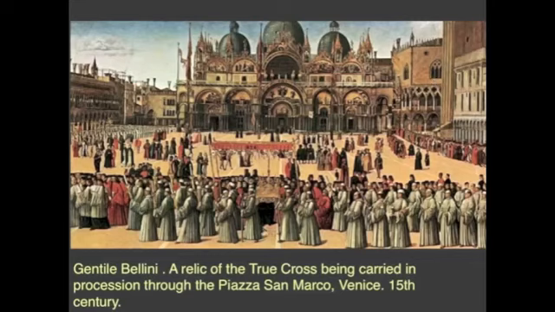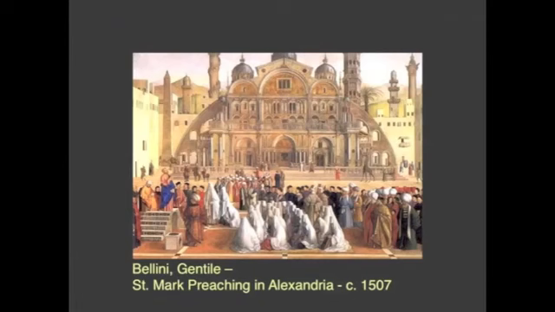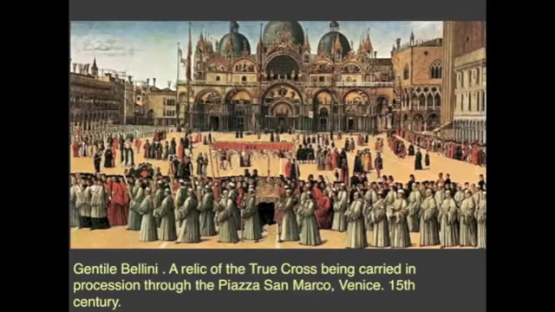Here's another painting by Bellini of this cycle of St. Mark paintings, and this is St. Mark preaching in Alexandria. If you compare Alexandria to Venice, at least in Bellini's mind, they're not so different. And quite a lot of what counts as Venetian architecture is inspired from the East. Already the St. Mark's Basilica is an Eastern church.